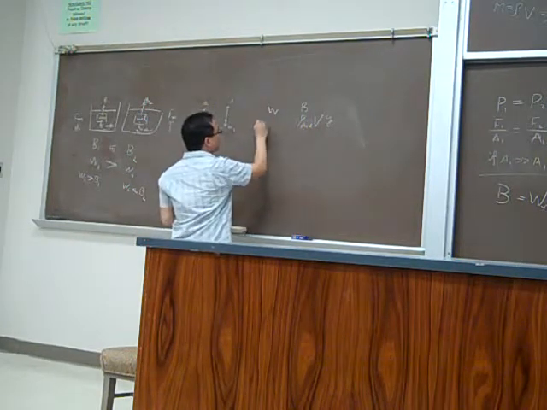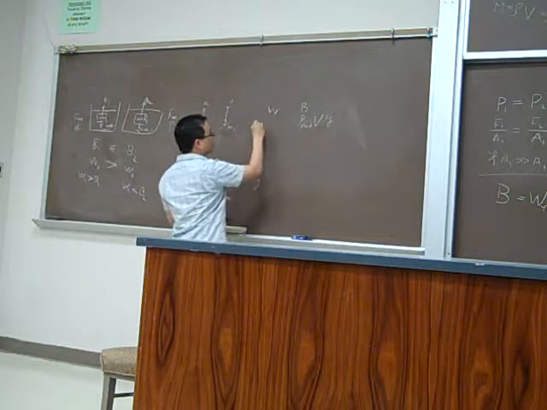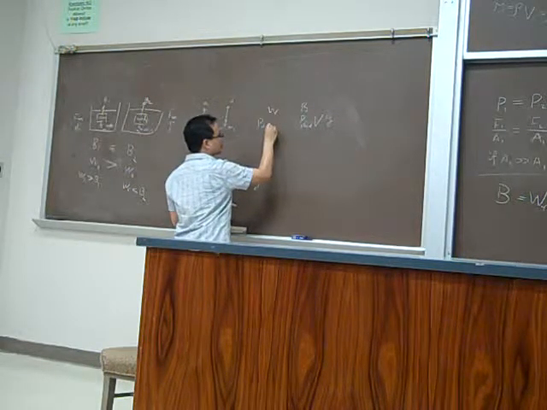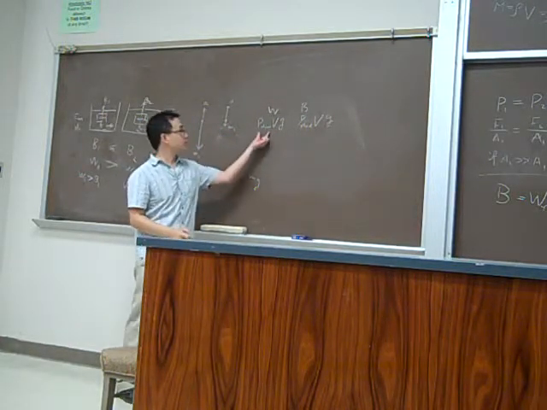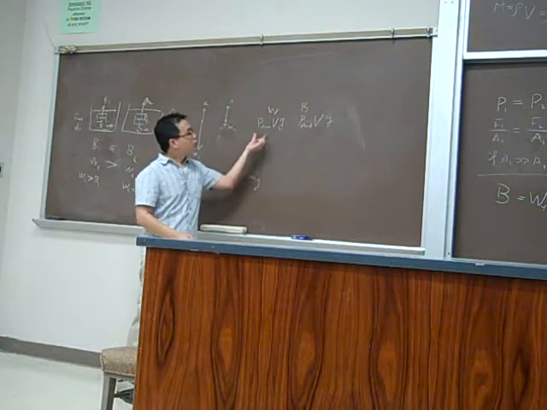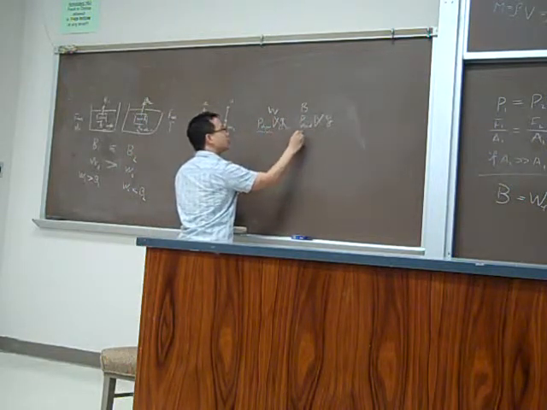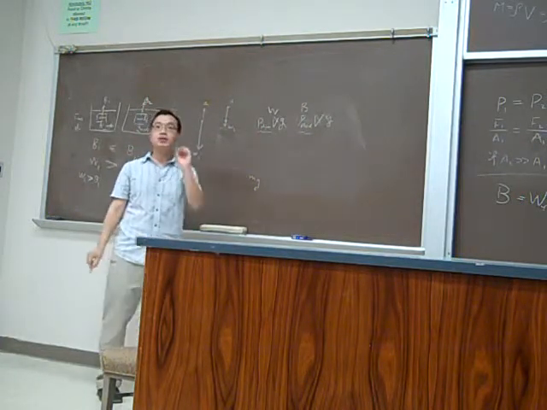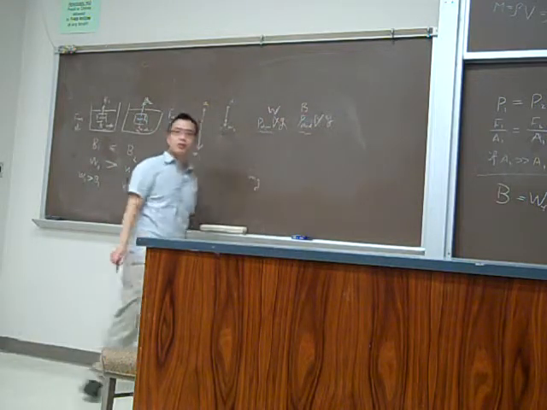And for this one, W is mg, so it can be written as the density of the object multiplied by volume multiplied by g. This is mass m. So you can see they have the same g, same V. So the only thing you need to compare is the density of the fluid and the density of the object.